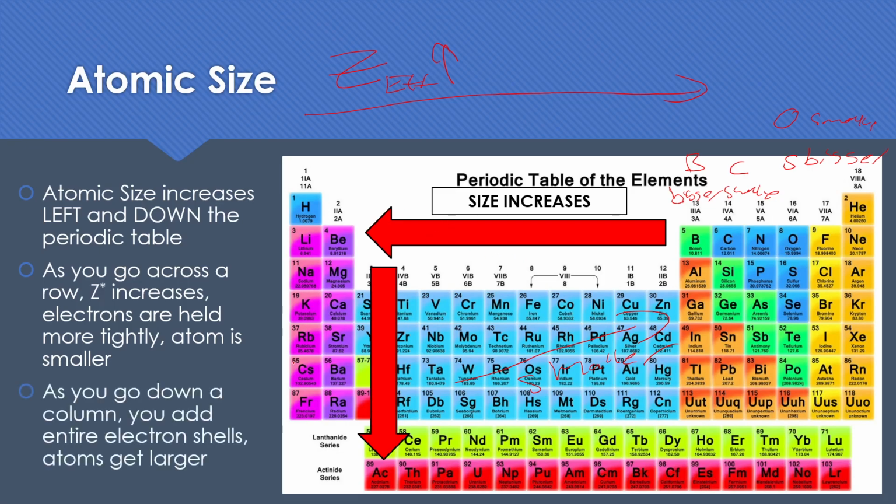Whereas as you go down the column, you're adding an entire electron shell. As you go from n equals 2 to n equals 3, I've added all of these electrons, so of course those are naturally going to get larger. So atomic size increases up or left and down. It decreases up and to the right. As you go up and right, it gets smaller.